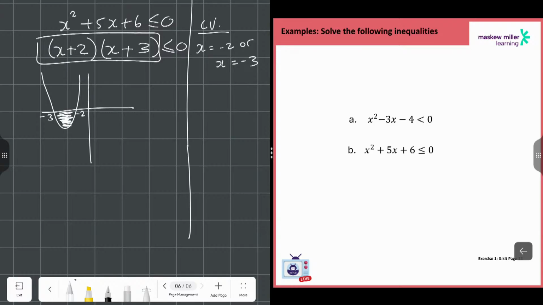I put the smaller number, -3, down first, then the bigger number, and I put x in the middle. x is going to the right, so x is greater than or equal to -3, because I have a line drawn underneath, and then x is going to the left of -2, so x is less than or equal to -2. And that, girls and boys, is a very simple way of how we can solve inequalities.